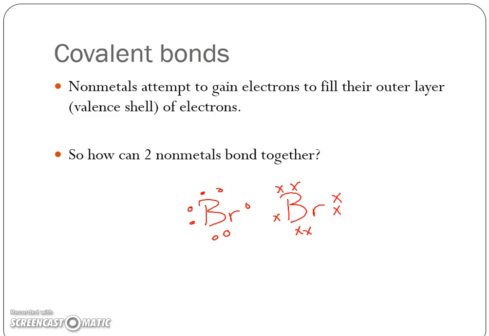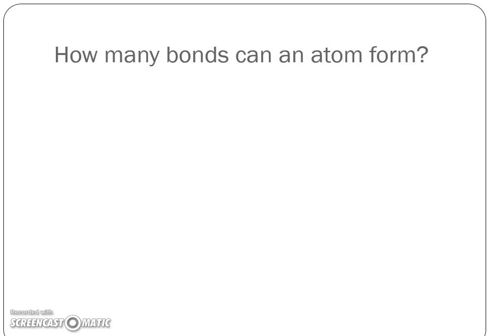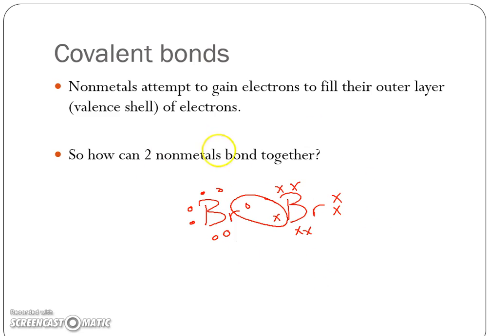Well, wouldn't it be really easy if this bromine shares this electron with this one, and this bromine shares this one with this one? That's exactly what happens. They actually share a couple of electrons. It makes this really nice. As you see here, we would call this a bond. So we would say bromine forms one bond.